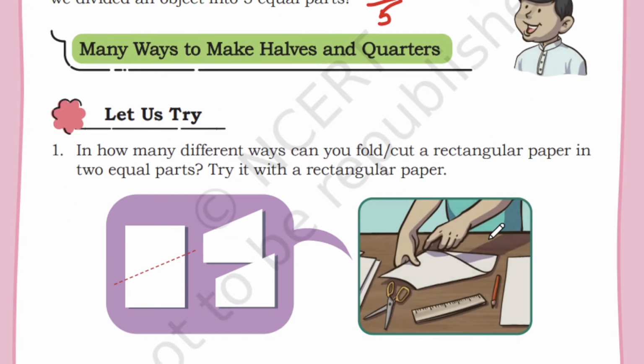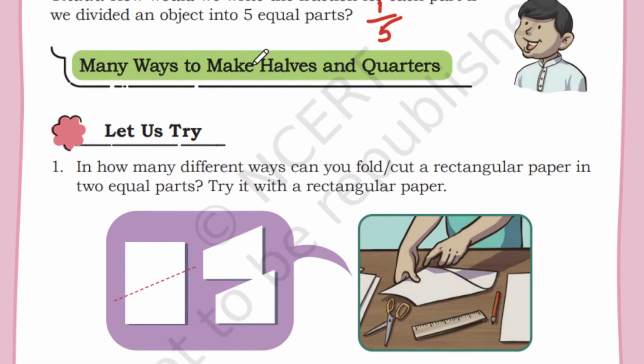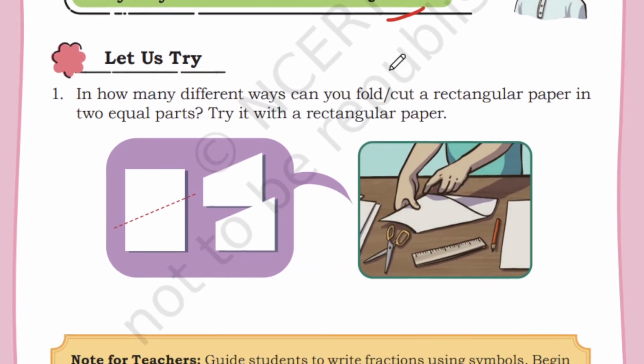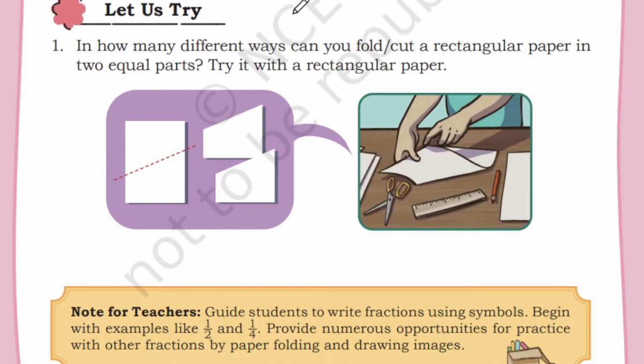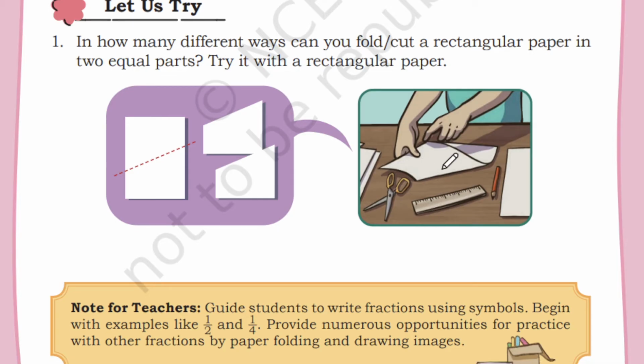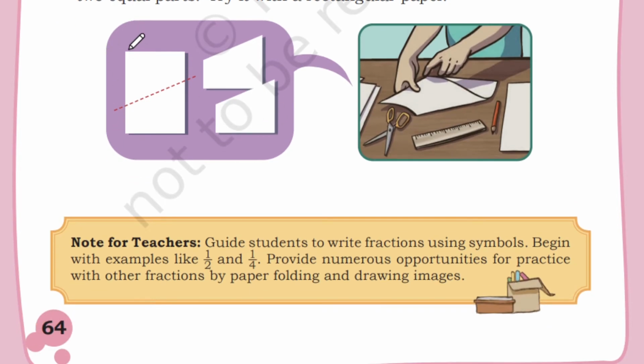Okay, next. In how many different ways? So we have many ways to make halves and quarters. In how many different ways can you fold or cut a rectangular paper into two halves? So here there is a rectangular paper and they have divided this into two equal halves, first half and second half.